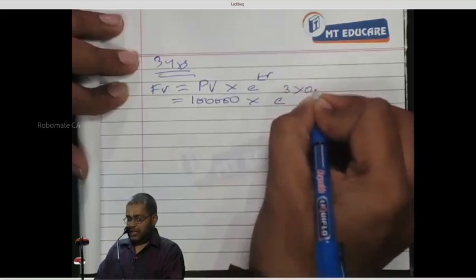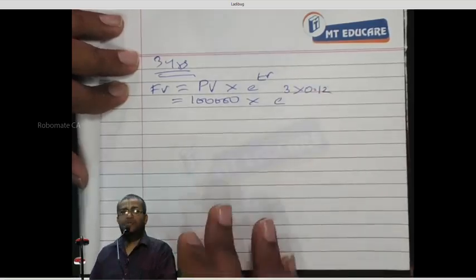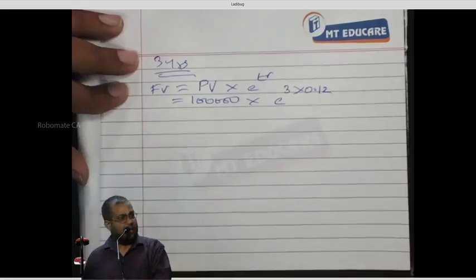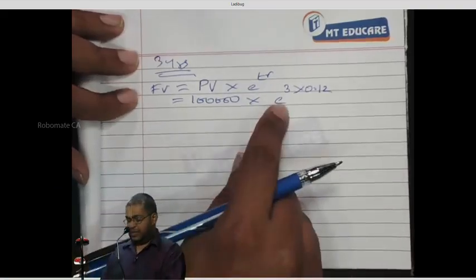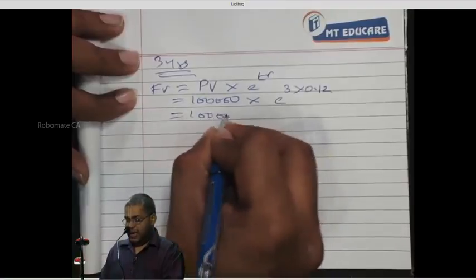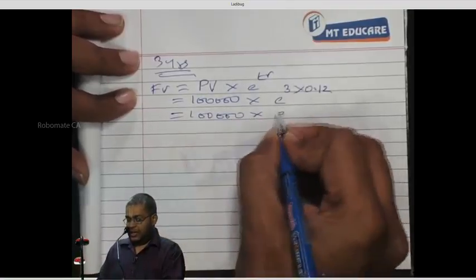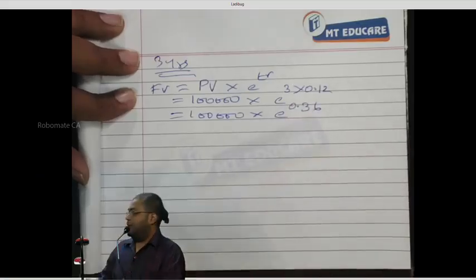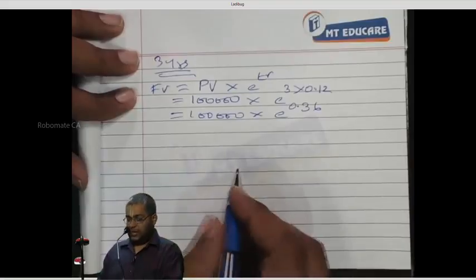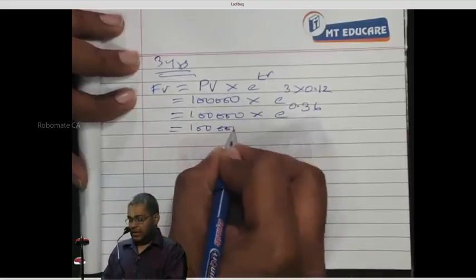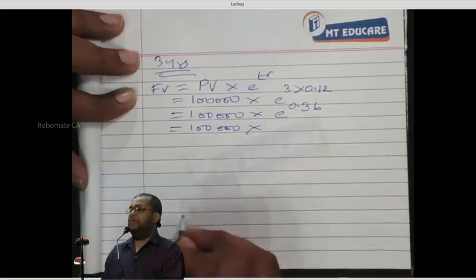What is the rate of interest? 0.12. Don't create noise. So it is 1 lakh into e power 3 into 0.12. Can I simplify it? It is 1 lakh into e power 0.36, since 0.12 into 3 gives you 0.36. So I have to find out e power 0.36.